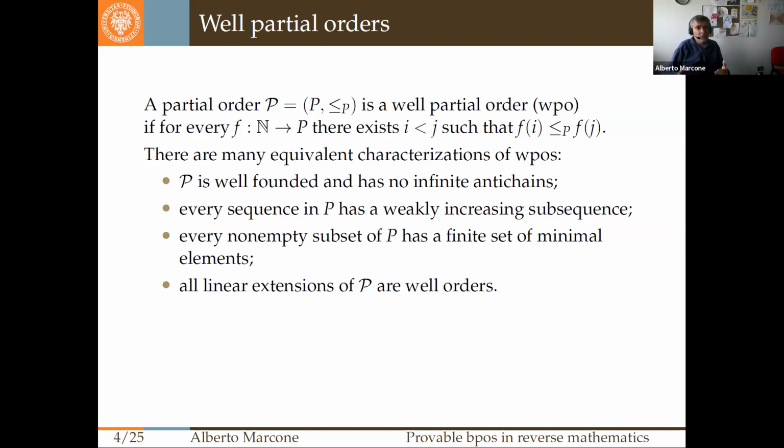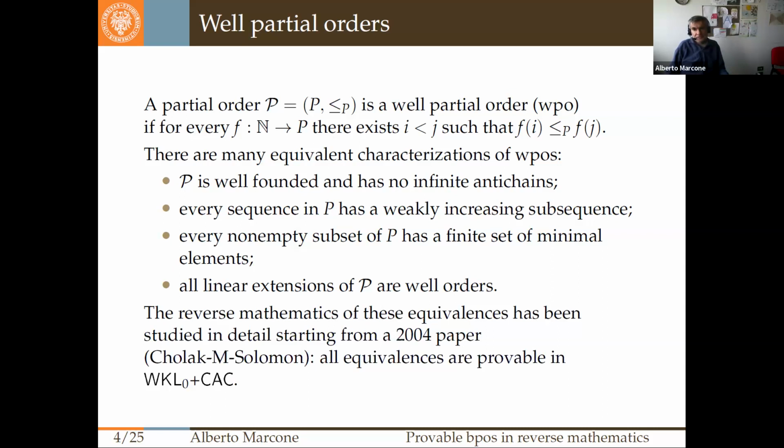The equivalence between all these notions is actually showing that we have a very significant notion that is worth studying. And from the reverse mathematics point of view, we started studying the equivalences between these, and this has been studied quite in detail, starting from a paper in 2004 with Peter Cholak and Reid Solomon.